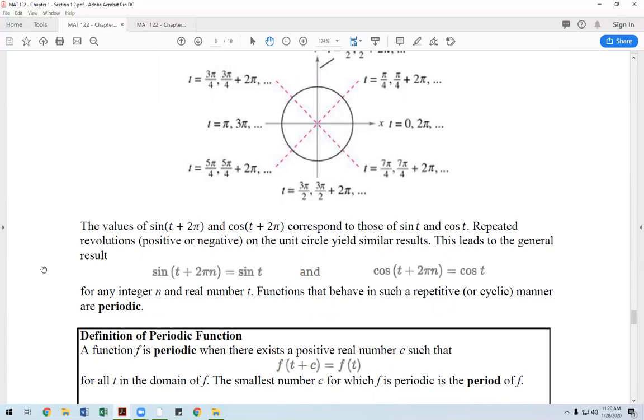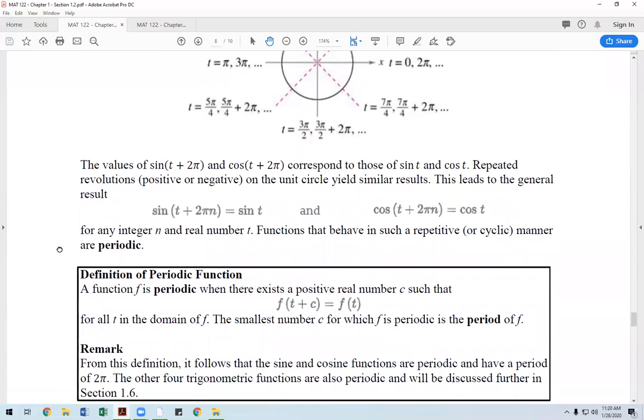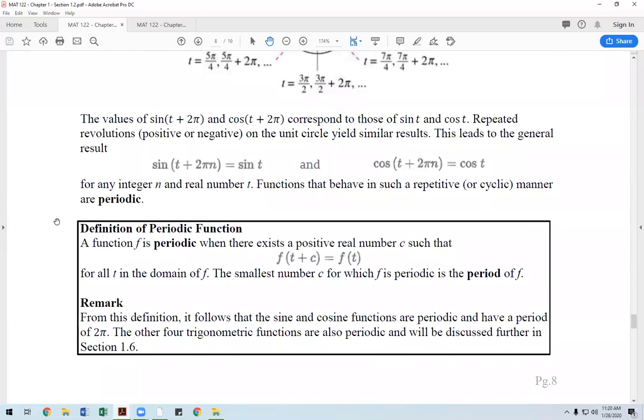So the idea is, if I take my given value of t and add a multiple of 2 pi to it, with both cosine and sine functions, I'm actually going to still land up at the original value where I started out as. So because of this repetitive nature, we can actually say it's a periodic function, because you're completing that revolution, you're still ending up at the same spot.